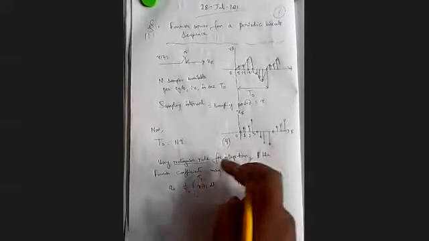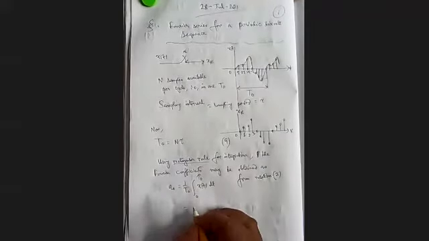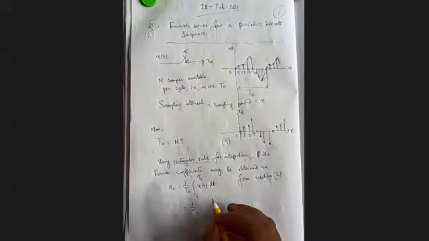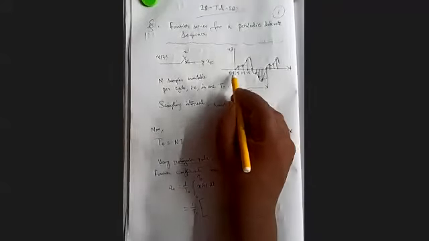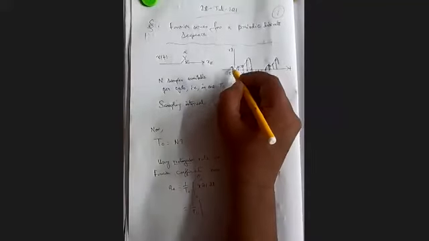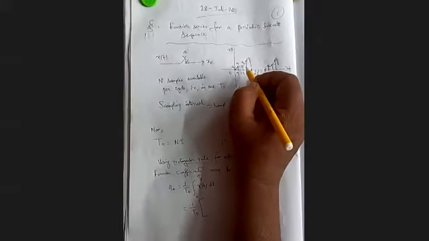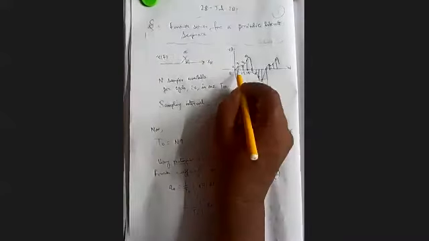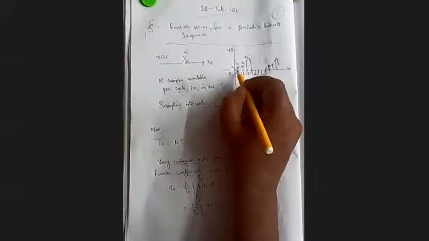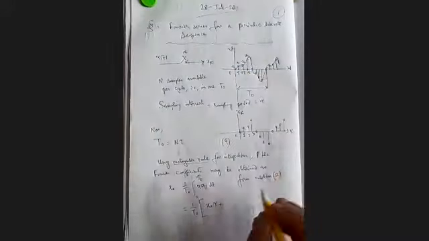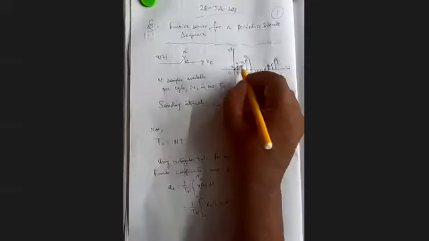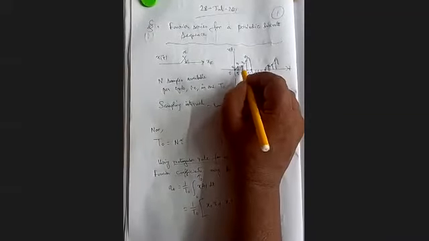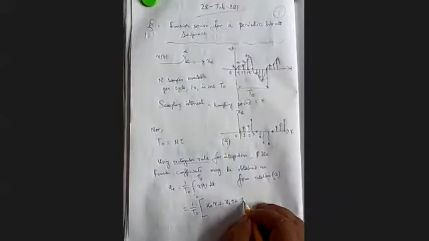When we want to express this area in terms of discrete samples, it will be 1 by t0 times x0 into tau. x0, x1, x2, x3 are the samples. So it will be x0 into tau, plus the height x1 into tau, the width of the rectangle, then x2, the height of the next rectangle, into its width tau.